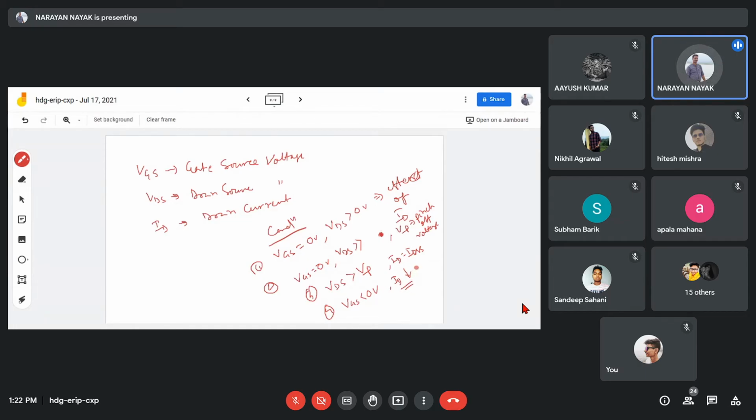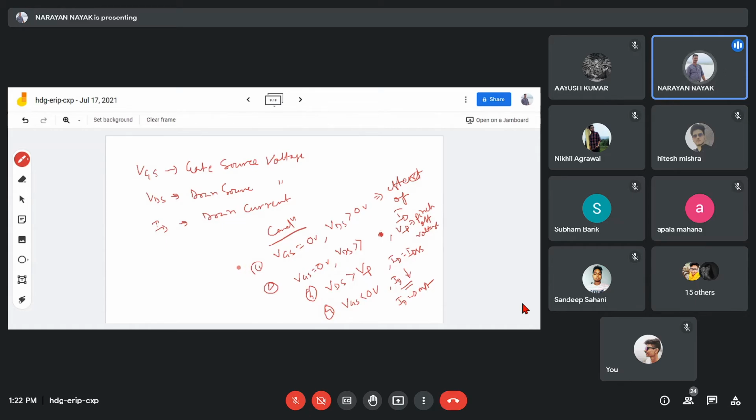How much will it reduce? It will be 0 milliampere. So these 4 conditions I will discuss, and this is the condition for finding the characteristic of JFET.